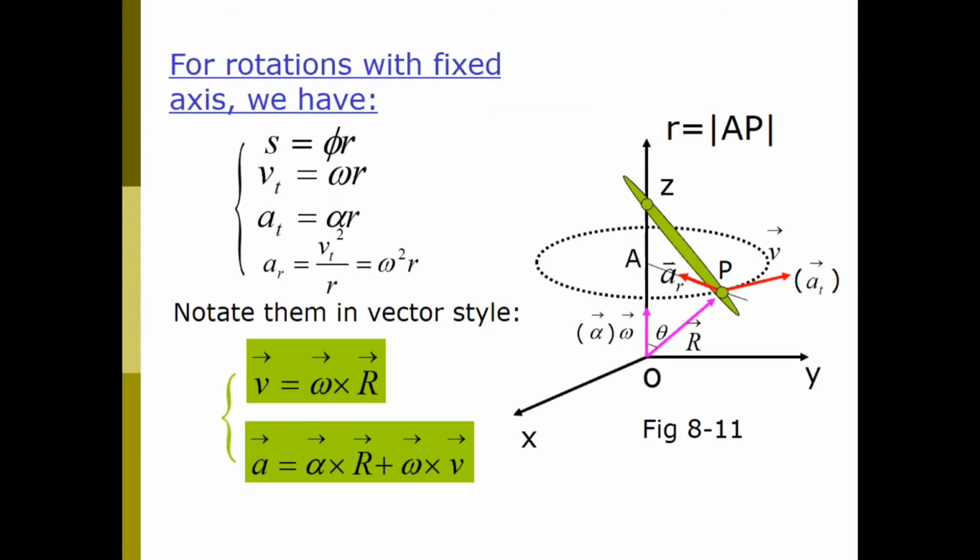Now, for rotation about a fixed axis, the arc is equal to theta r, the velocity is omega times r, the tangential acceleration is alpha times the radius, and a sub r is equal to the velocity squared over r, which is equal to omega squared times r.